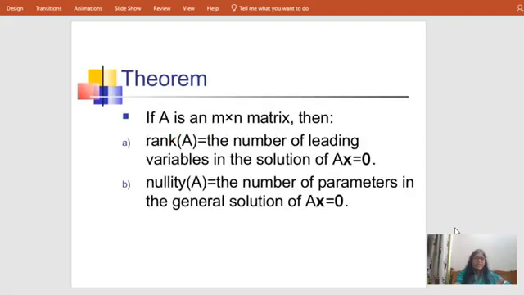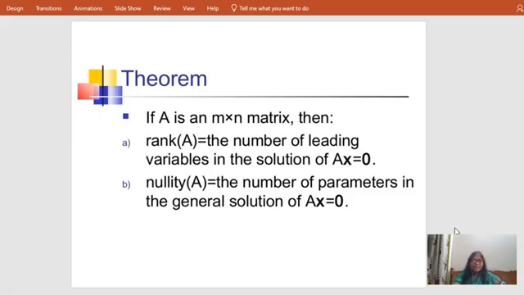If A is an m by n matrix, then rank of A is equal to the number of leading variables in the solution of Ax equals 0. And nullity of A is equal to the number of parameters in the general solution of Ax equals 0.